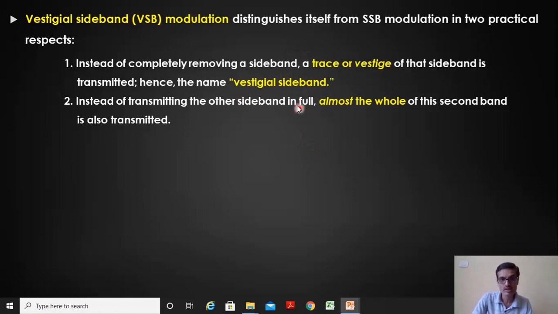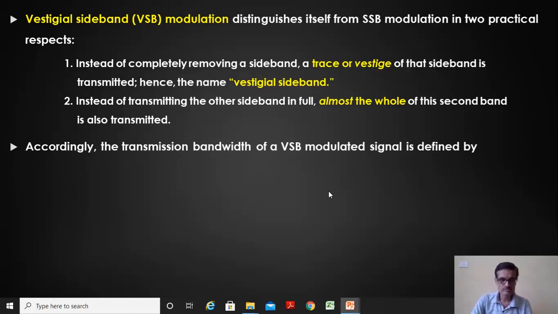Let us say we are transmitting a USB completely, and some portion of the LSB is also transmitted along with the complete one sideband. So it is not SSB, it is not DSB, but it is in between DSB and SSB.